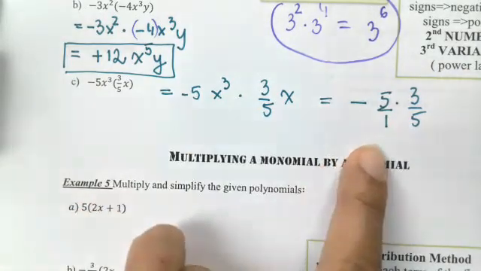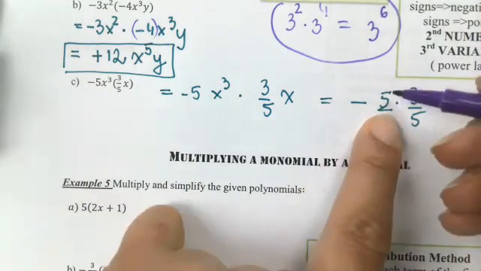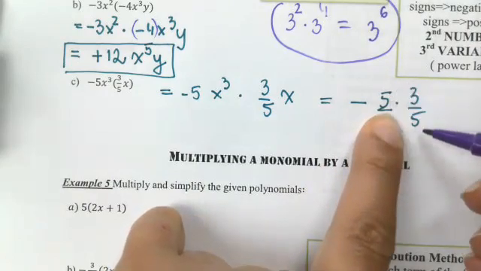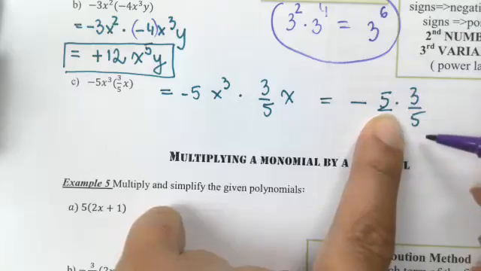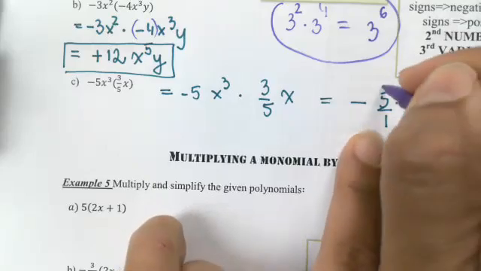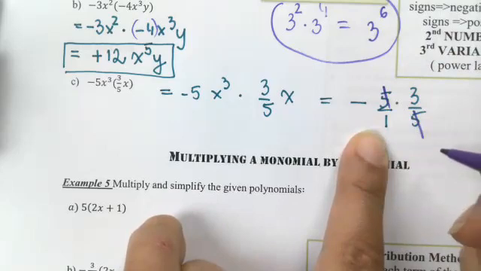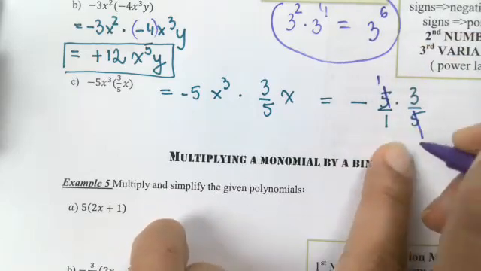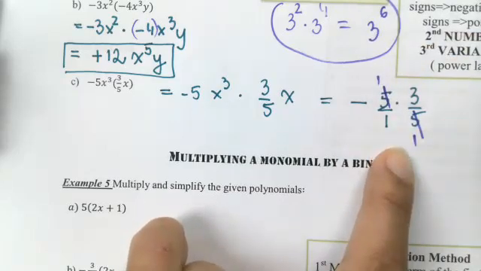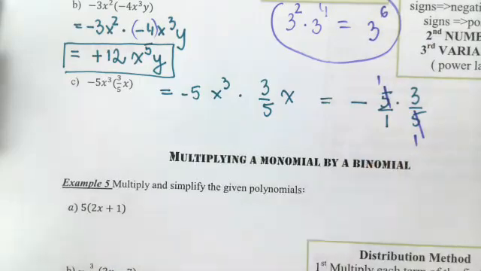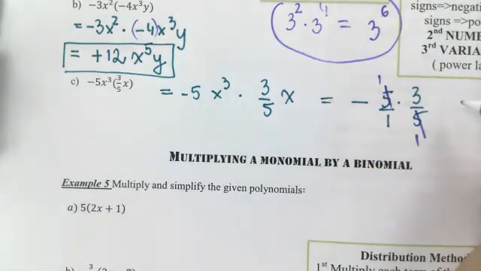And then we say we can cancel these numbers because I have a 5 at the top here in the numerator and I have a 5 at the bottom here in the denominator. So I can divide top and bottom by 5 and I'm going to get ones here. 5 divided by 5 is 1. 5 divided by 5 is 1 there as well. So that's called canceling, simplifying. And then the 3, I can't do anything with it, but I will simplify in my next step.